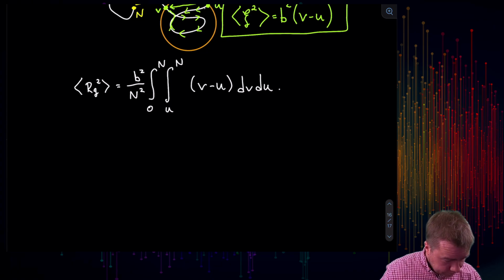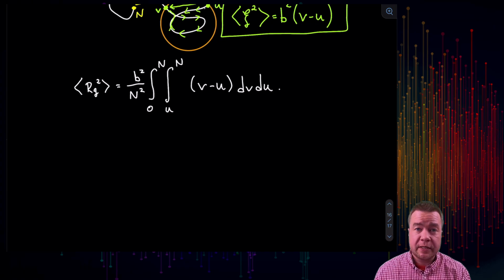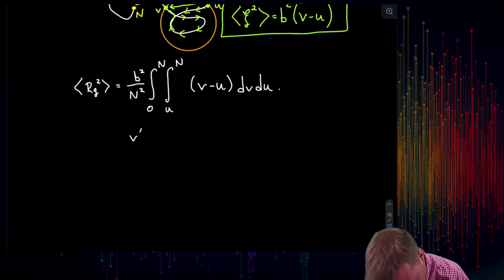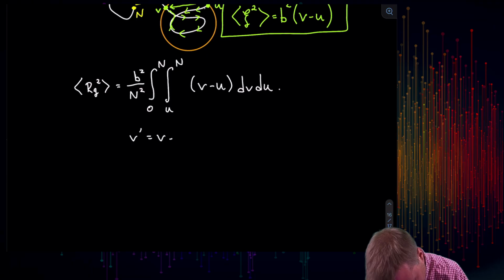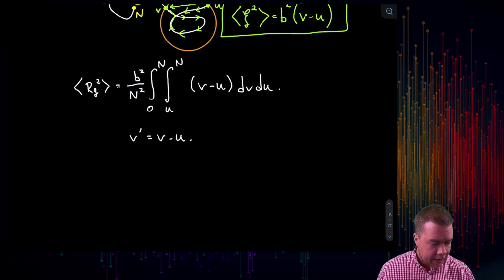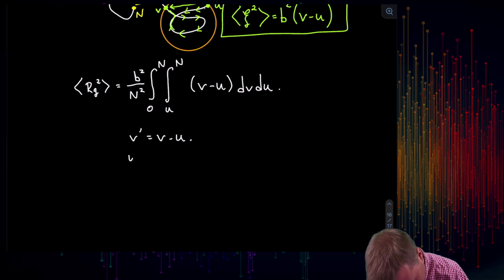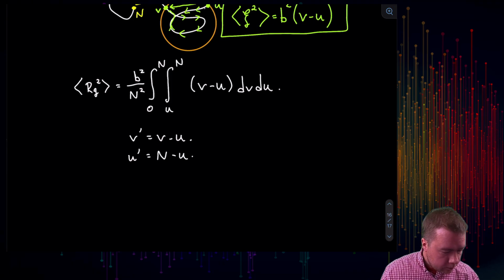All right. So we could do this by substitution. We could let V prime equal V minus U, and we could let u prime be n minus u, and we could see what our integral becomes.